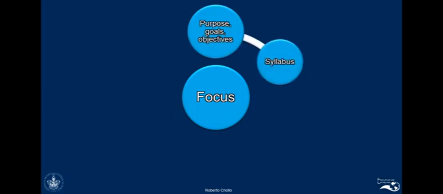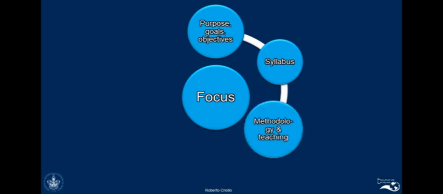Now, let's look at the focus. We can focus on a given evaluation on one or different curriculum components. We can focus on the purpose, the goals, or the objectives, or maybe we want to revise the syllabus of the different courses that are being offered in the program. Maybe we want to focus on the methodology and the teaching, the way that it's being carried out by the teachers.